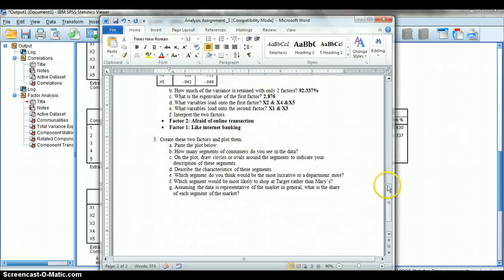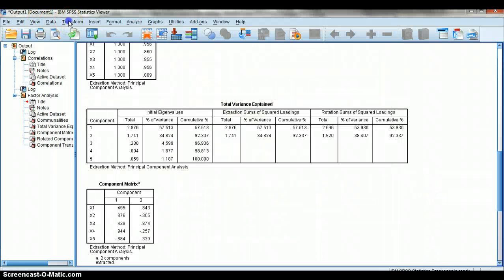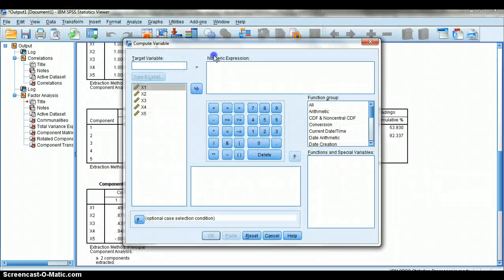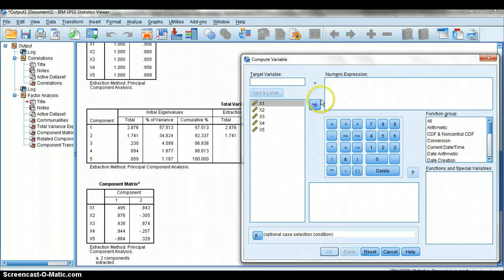Okay, number 3, we have to create a graph. Well, first we have to create the factors. The first one, in this one it was x2, x4, and x5. This one was internet banking.